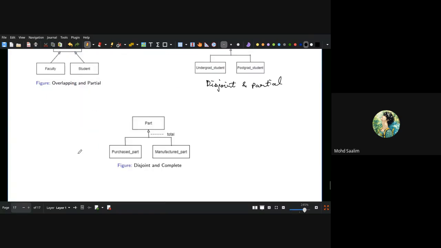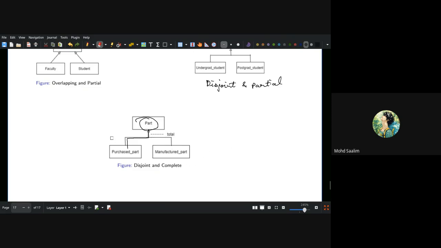And it is really very simple. We just use this dotted line and we just write total in our ER diagram. When we do that, we are ourselves saying that part has only two subparts, purchased part and manufactured part. Other than that, there is no possible other part that can come in the future.